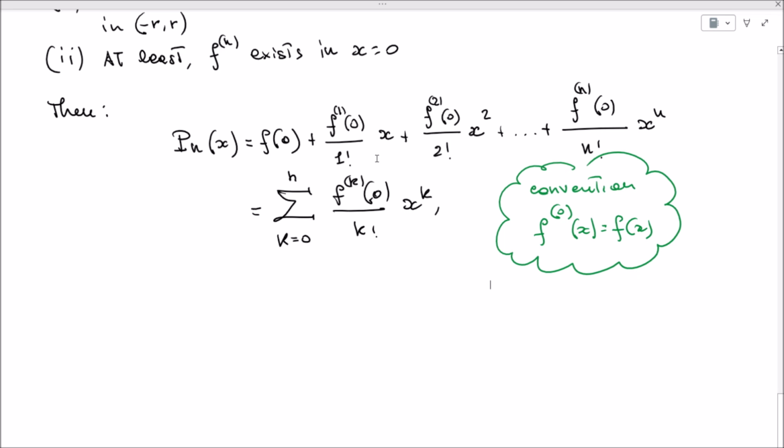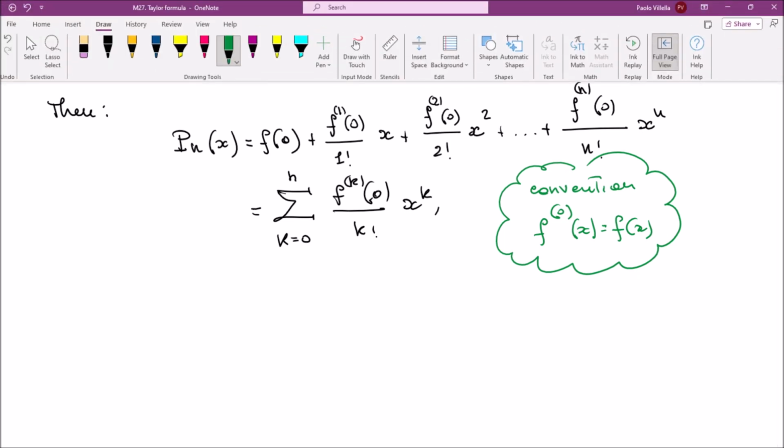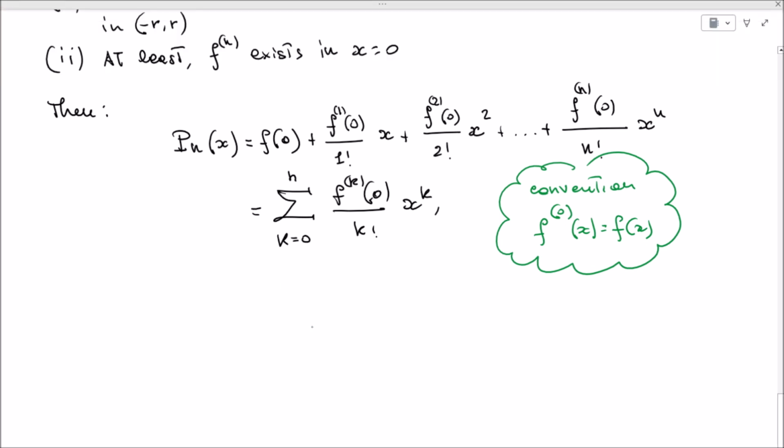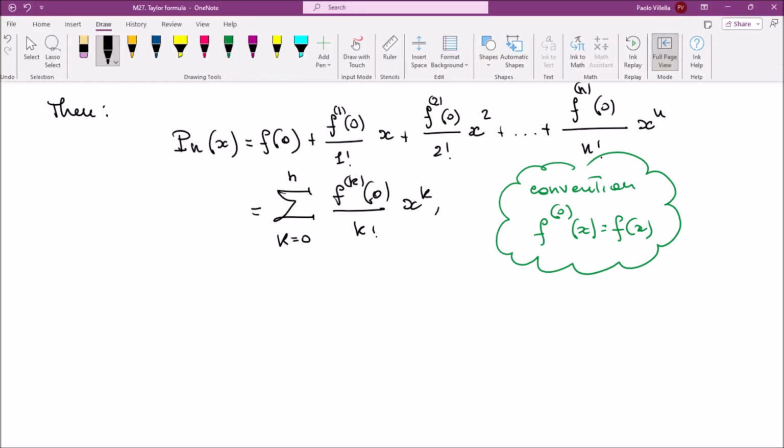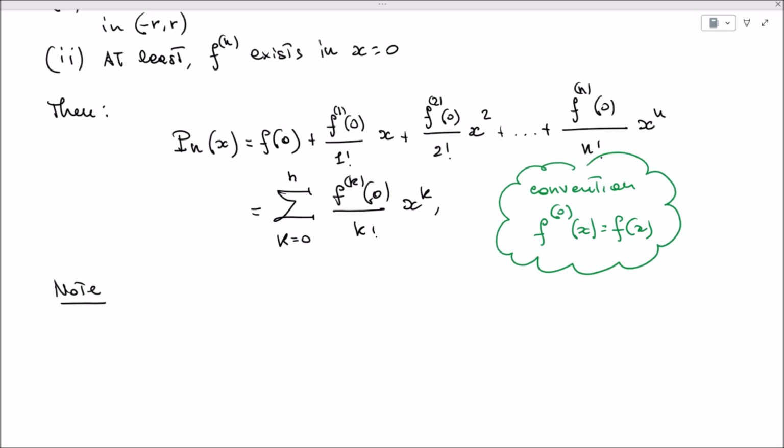Notice that the first thing which might be worth noticing is that if we need to find the Taylor polynomial of order n plus 1, this can be calculated recursively from the Taylor polynomial of order n simply by adding the last term.